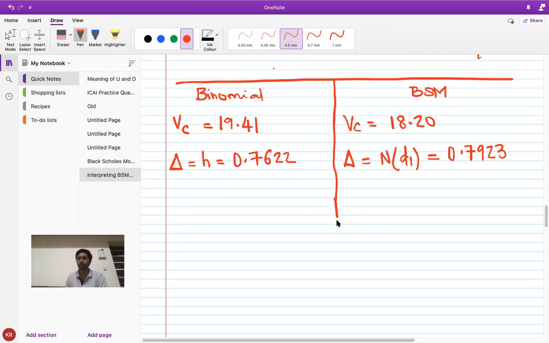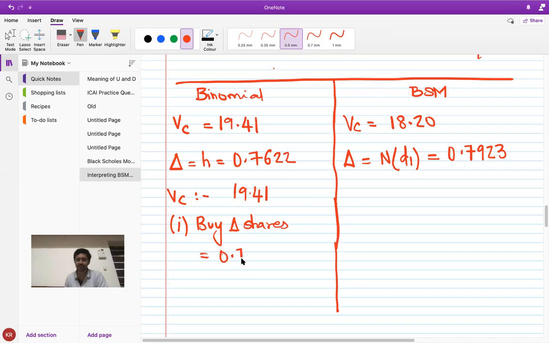Therefore, under binomial, the value of a call option, the way we viewed it, is 19.41. We broke it down into two parts. One, buying delta shares, whereby each share today was 170. So delta over here was 0.7622 into 170.